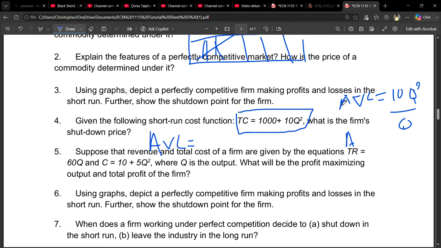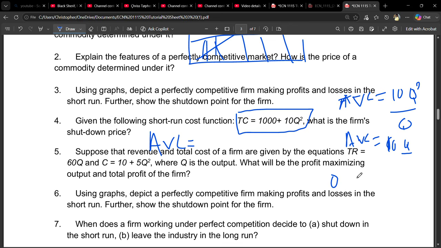So this is total, sorry, by the way. So the average variable cost is going to be 10q. Okay, so for you to find the average variable cost, you have to know what the quantity is first so that you replace there. So what you can do is you're going to equate this equals to 0.